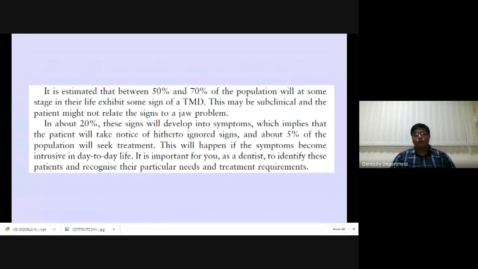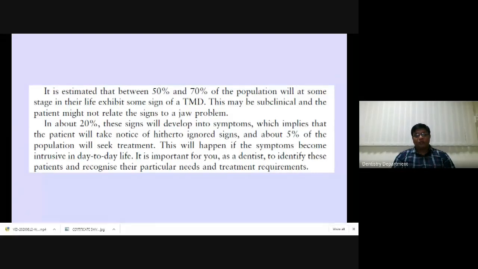And out of this 20%, 5% of the population will seek treatment. Any disease with 50 to 70% prevalence is a huge prevalence. Treatment seeking will happen if the symptoms become intrusive in day-to-day life. It is important for you as a dentist to identify these patients and recognize their particular needs and treatment requirements.